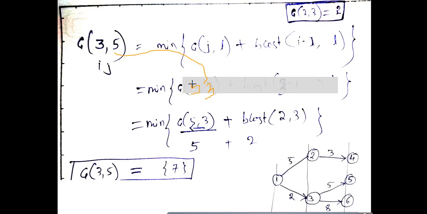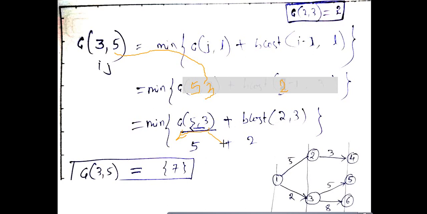Vertex name is 5. Then backward cost. I value is how much? 3. 3 minus 1. So 2. Okay. Now L value 3. So cost up 5 comma 3, B cost 2 comma 3. 3 to 5, what is the cost?